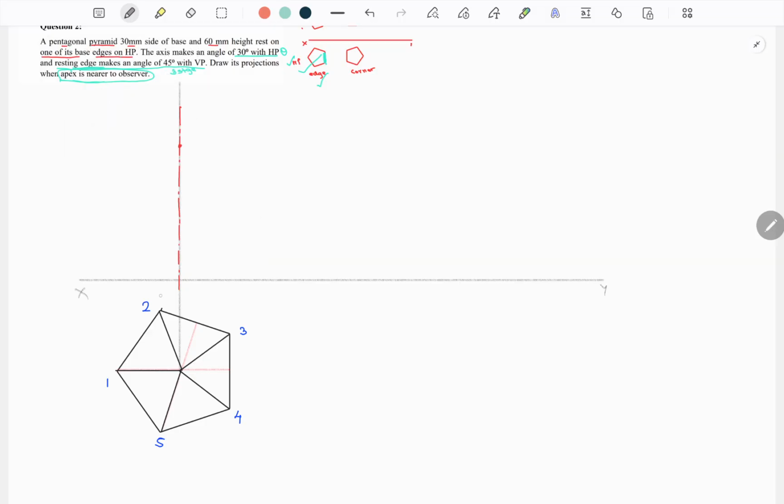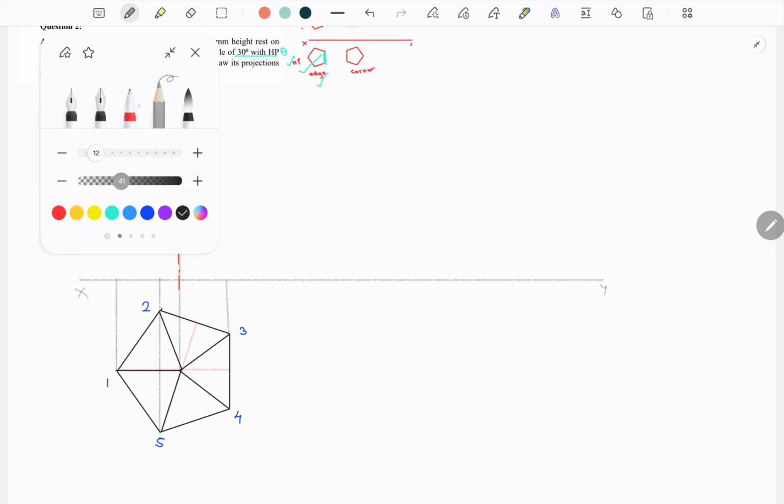Then you take the projection of all other points. It is an object of symmetry, so 2 and 5 will pass through one single line, and 3 and 4 will pass through one single line. Point number 1, we can take the projection. You have to take the projection up to the XY line. Then you can connect it with a dark line.